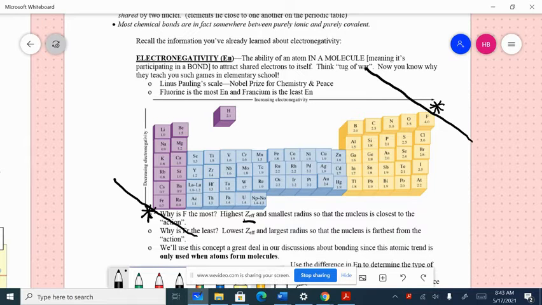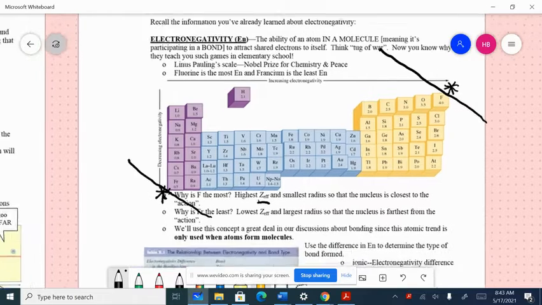When you're describing why this is, you're going to say that fluorine is the most electronegative, not because it's in the upper right-hand corner of the periodic table. It's because it is the smallest, most electronegative, has its nucleus closest to the action, and therefore has the ability to take electrons from anybody that he wants.